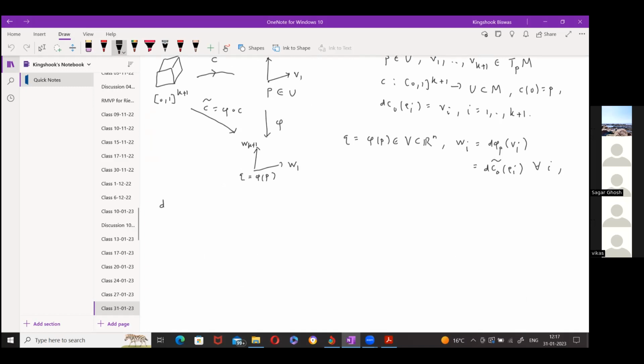So what is d sub phi omega at P applied to V1 to Vk plus 1? This is equal to, by definition, phi star of d omega tilde at P applied to V1 to Vk plus 1. But this is equal to d omega tilde, by definition of pullback, at Q applied to W1 to Wk plus 1.